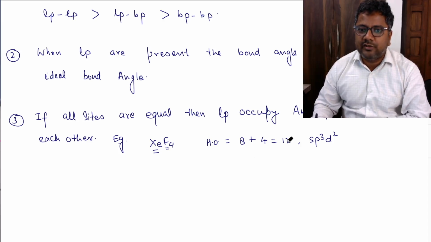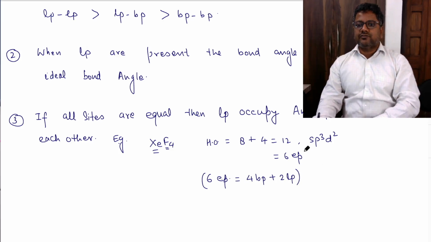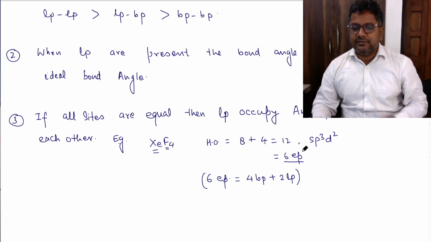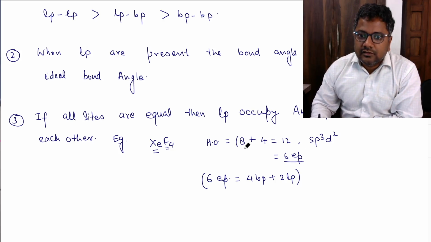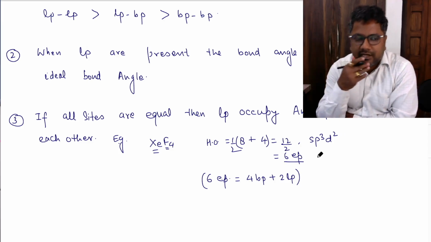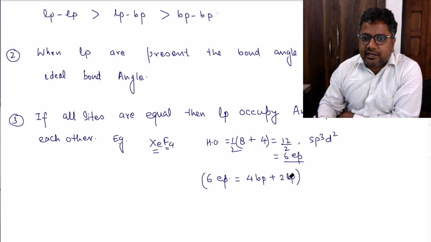So 6 electron pairs is equal to 4 bond pairs plus 2 lone pairs, because in this molecule we have 6 hybrid orbitals in total, right? So 6 electron pairs is equal to 4 bond pairs, because 4 fluorines are there, and 2 lone pairs.